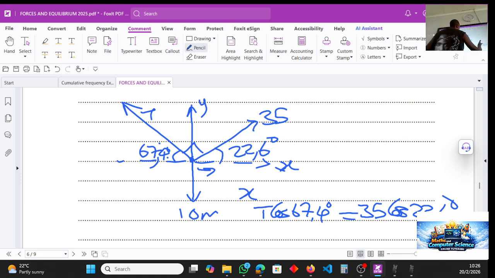If we check the equation, we can make T the subject, leading to the value of T. So T is 35 cos 22.6 over cos 67.4 degrees.